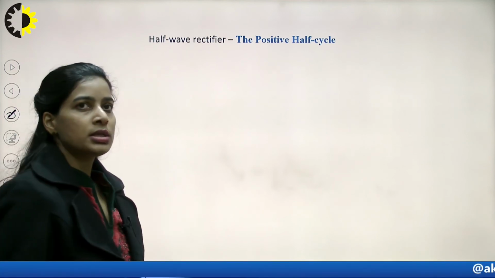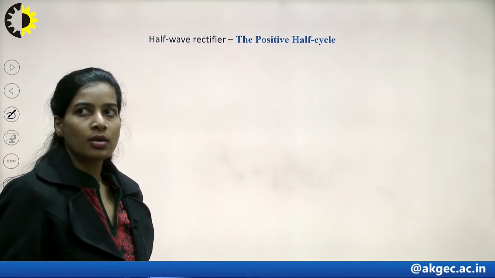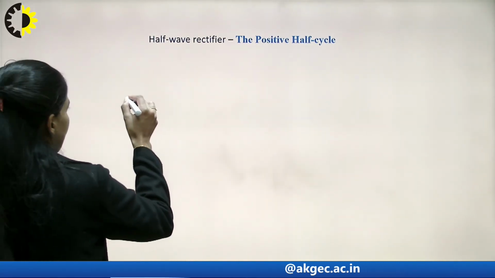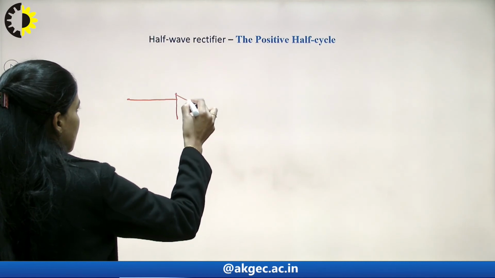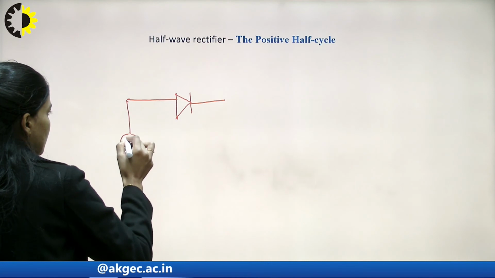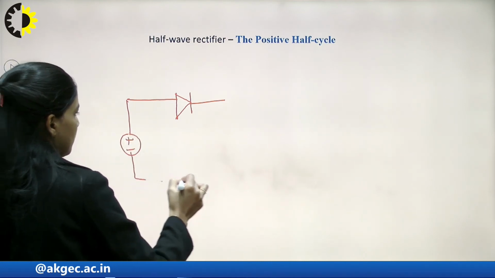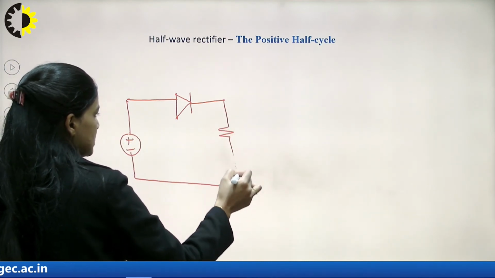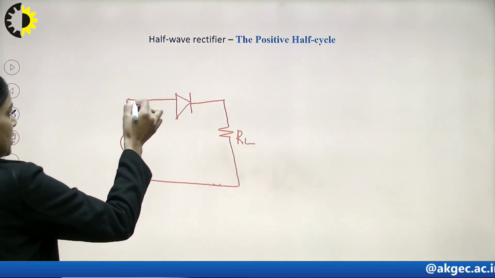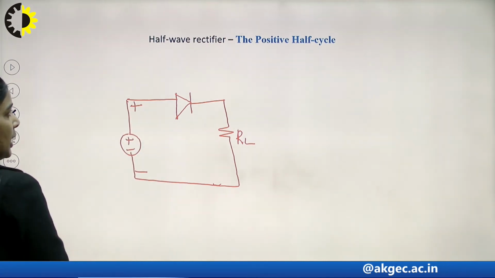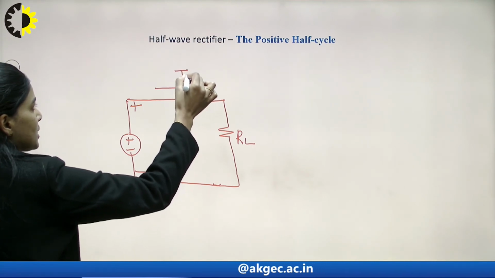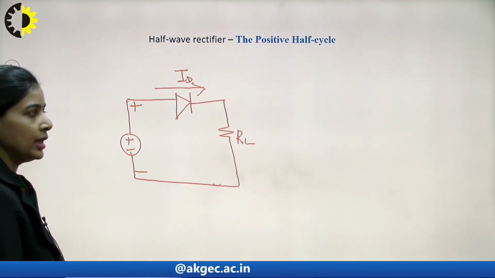Let us see how this half wave rectifier works for the positive half cycle of the input. This is the diode, the input is positive, and I am connecting a load resistance RL. When the positive cycle appears, this side is positive and this is negative, so the diode will be forward biased and it will conduct some current ID.